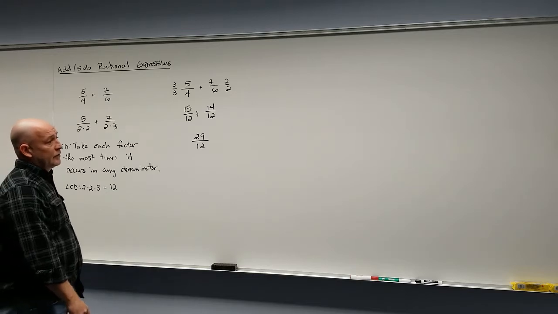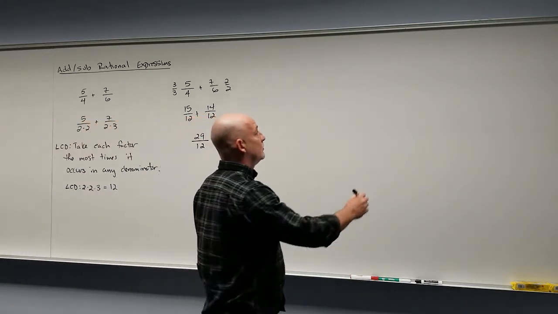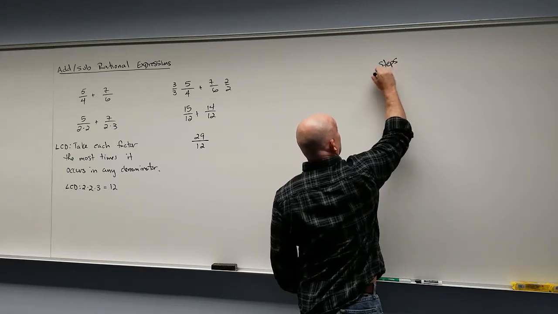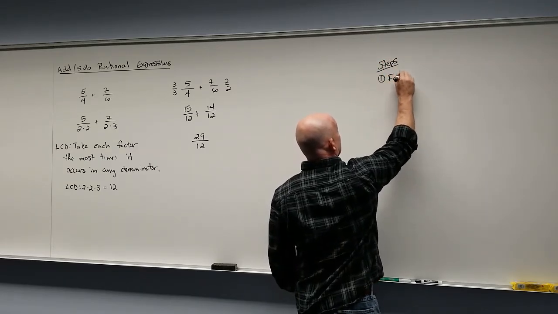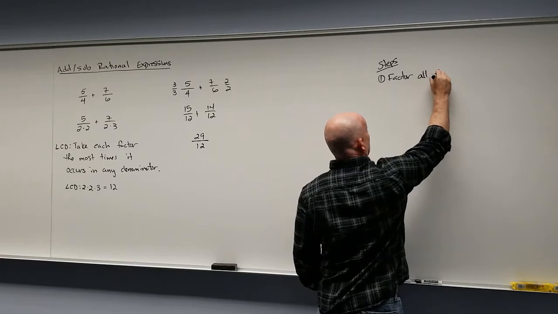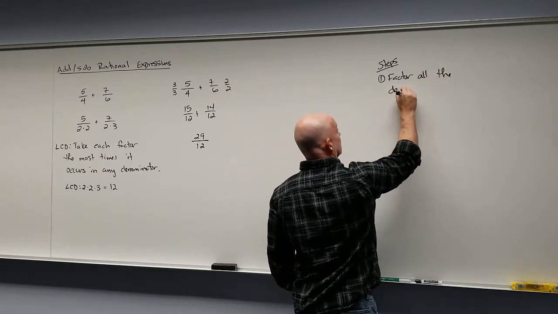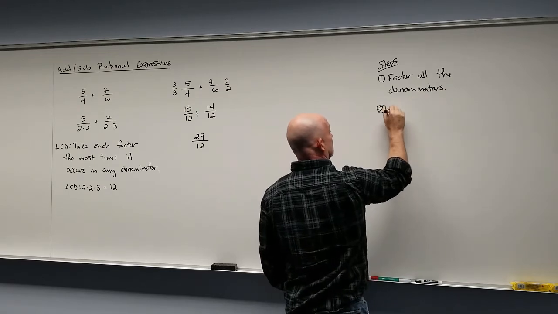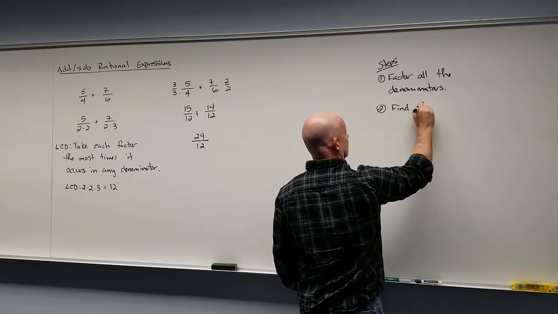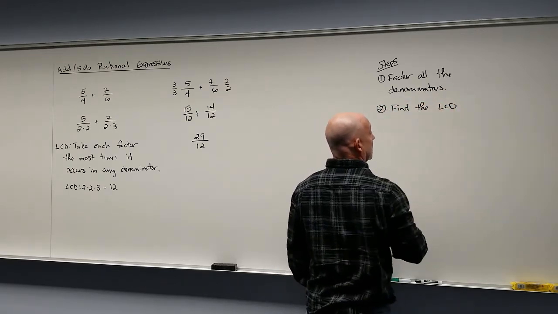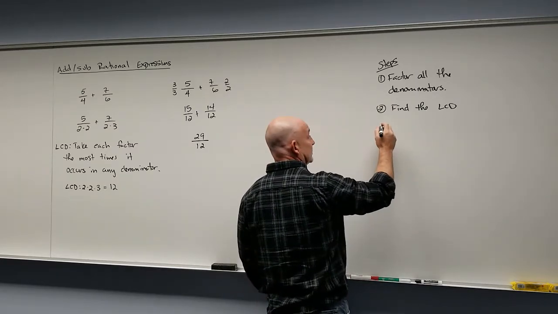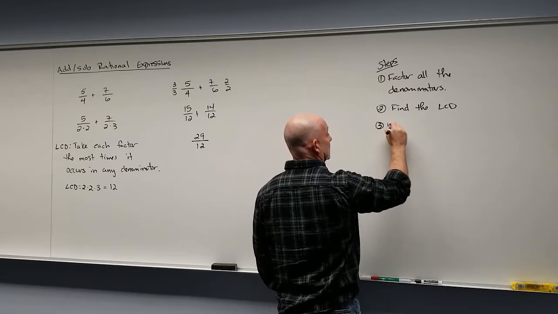Okay, so let's write ourselves down some steps right here and then see if we can do it when we have variables involved. So let's see, steps. Step 1, factor all the denominators. Step 2, find the LCD. Now, even though we have variables involved, we do the same thing. We take each factor the most times it occurs in any denominator.